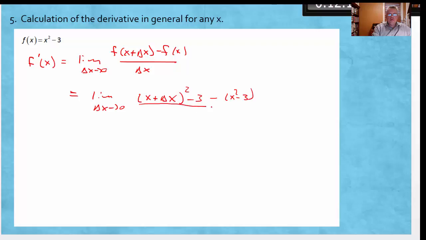So you have to be careful to put parentheses around that, over delta x. This is really the same thing I was just doing. Instead of a 3 here, we have x because we're doing the formula in general.